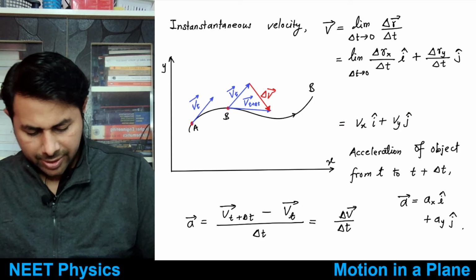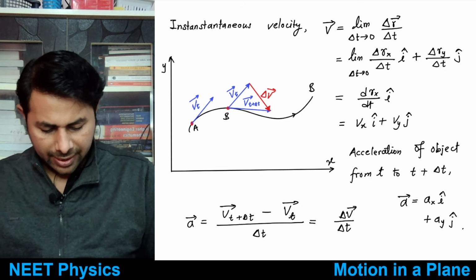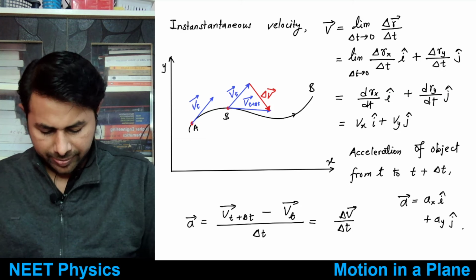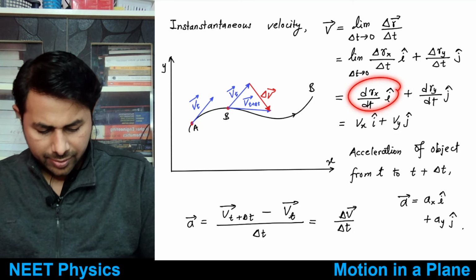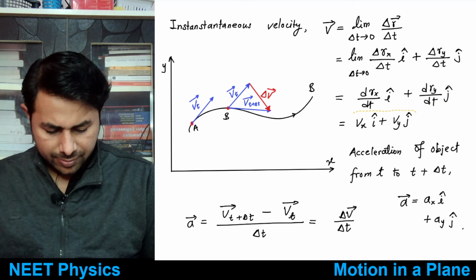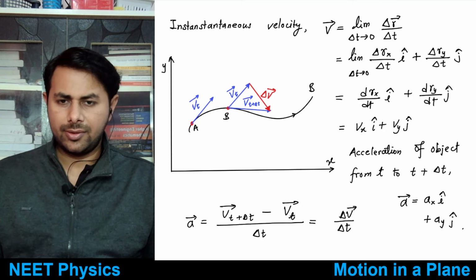So because we have limit delta t tends to 0, this thing is drx by dt multiplied by i cap plus dry by dt multiplied by j cap. Okay, this point is clear? Yes, no? Everyone?